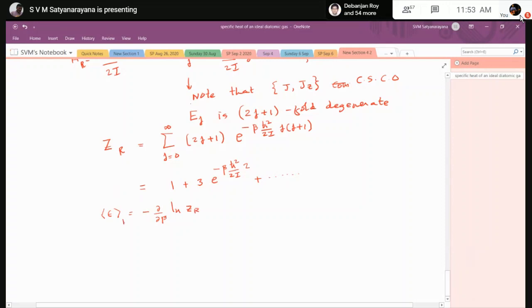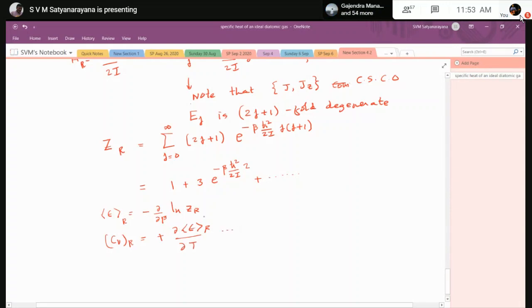So the average energy, and CV for the rotational contribution can be obtained as minus average energy for the rotation divided by. I can get an expression like this.